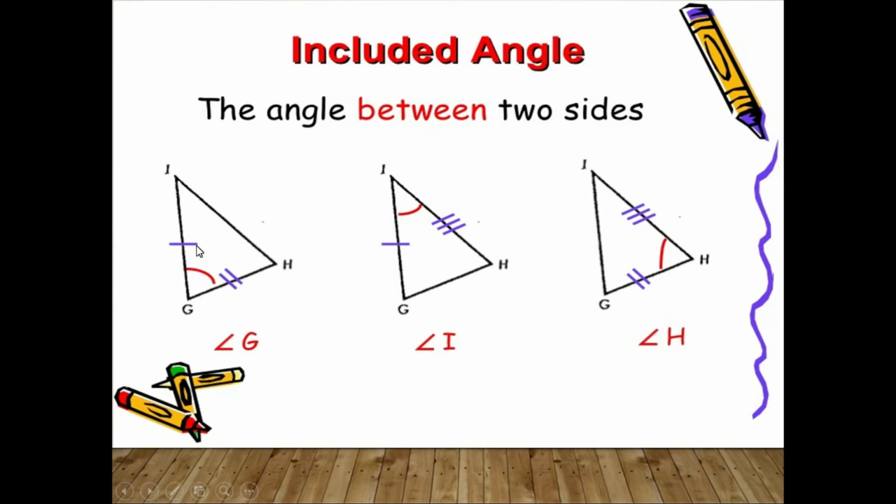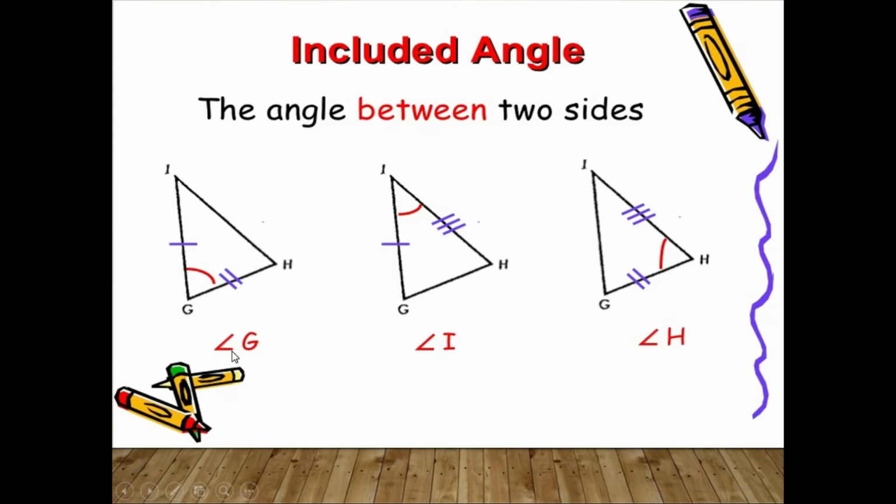So, based from the markings, we have marked the first side, which is the line segment IG, or this side. And then for the second side, we have line segment GH. So, if these are the two sides which are given, ano dito yung kanyang included angle or angle between these two sides?